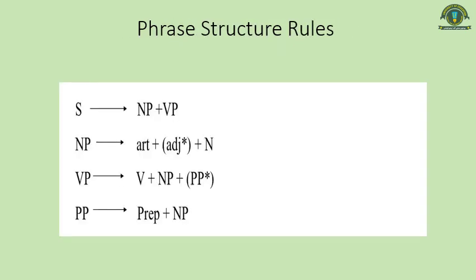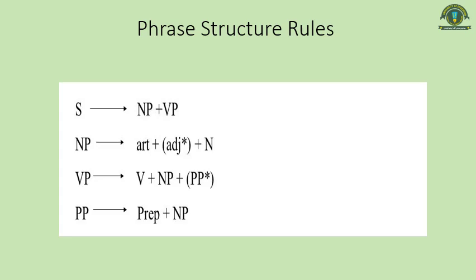The phrase structure rules are: a sentence is made by joining a noun phrase and a verb phrase. A noun phrase is made by joining a determiner plus a noun, or it can be a determiner, adjective, and noun.